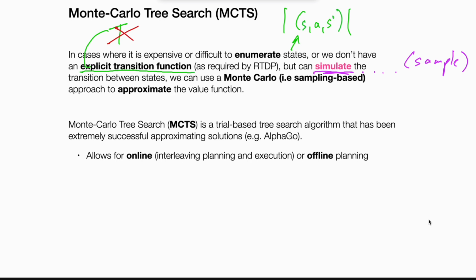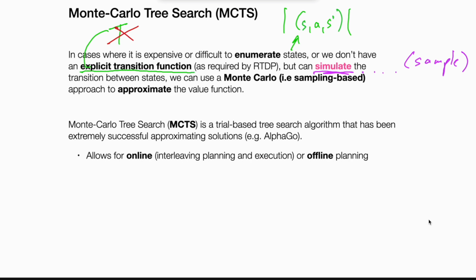So there are poker, manipulation of structures in the world, interacting with humans. Typically, these things are very hard to capture in an explicit transition function, but are easier to have some kind of simulator or model for. And so what we're going to do now is look at algorithms that use that kind of sample-based representation.